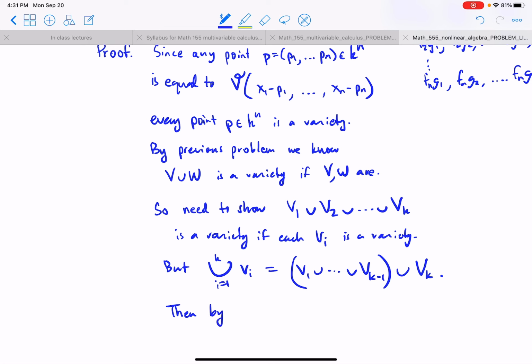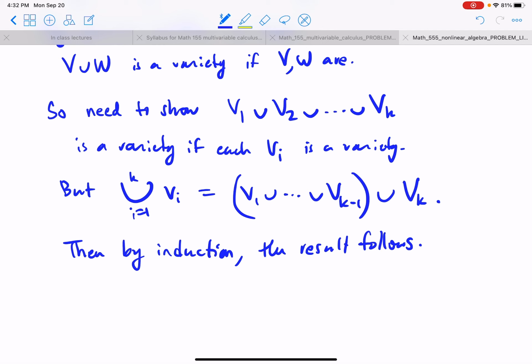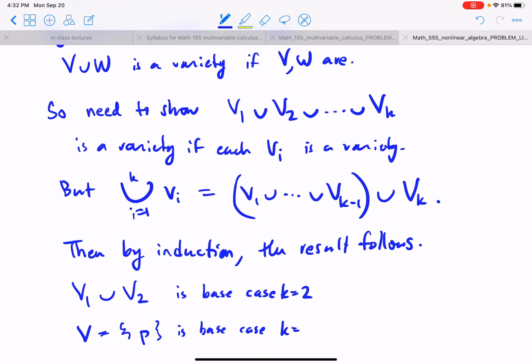Then by induction, the result follows. Okay, so I'm leaving out a little bit of steps, but this is basically how induction works. We know the base case of V1 union V2 is a base case, maybe. Or we could call this the k equals 2 base case, but then just V equals a point is the base case of k equals 1.